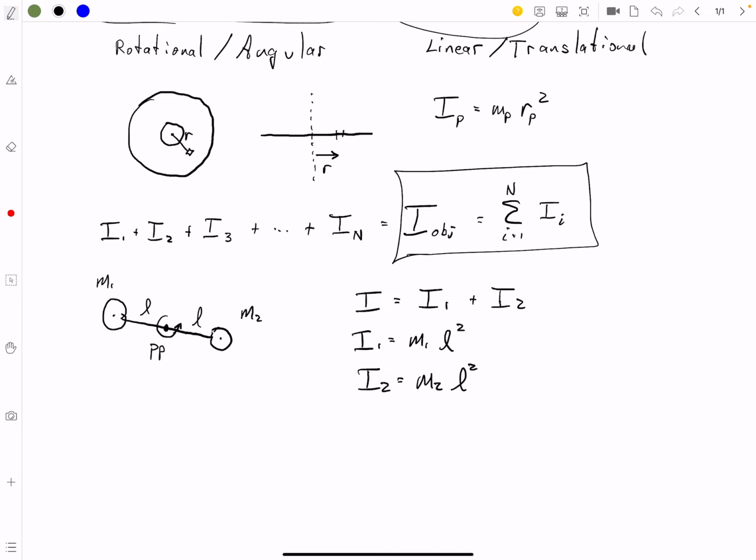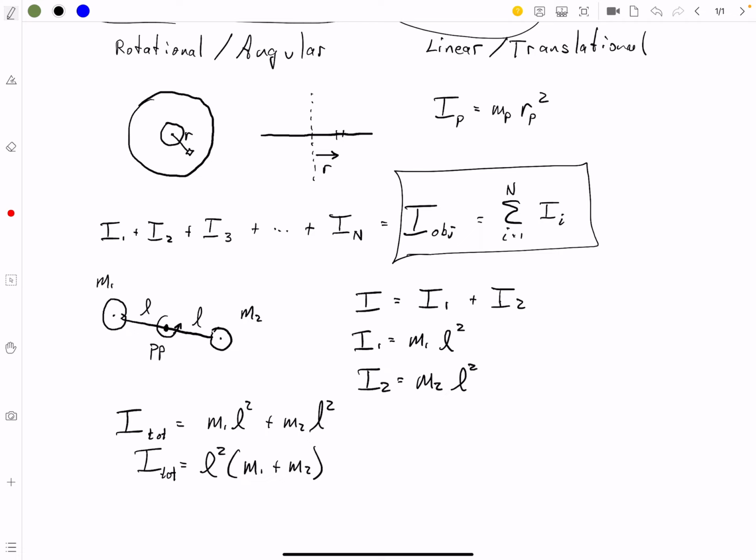Okay, good. So we can then get I total equals I1 plus I2, that's just M1 L squared plus M2 L squared. Of course we can factor out the L squared, and we get L squared times (M1 plus M2). And that's our I total.